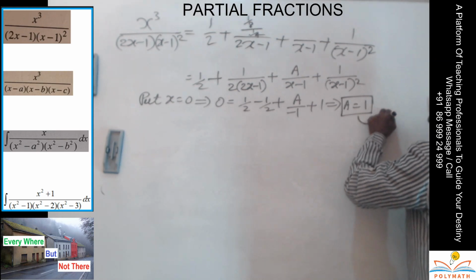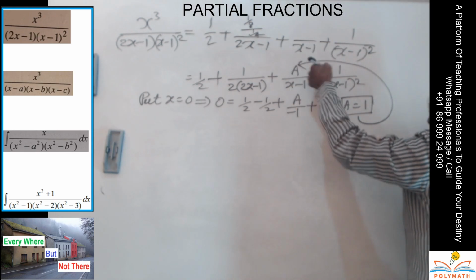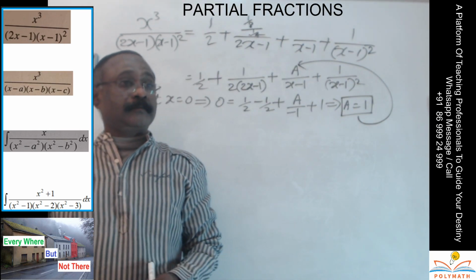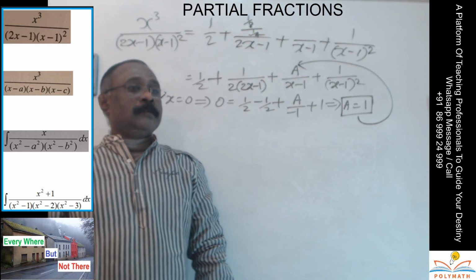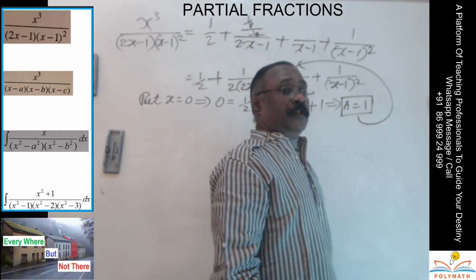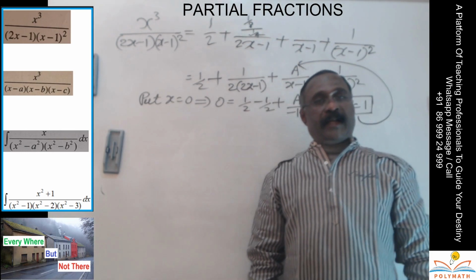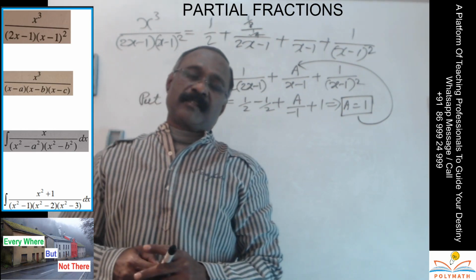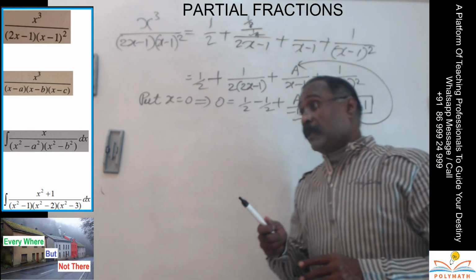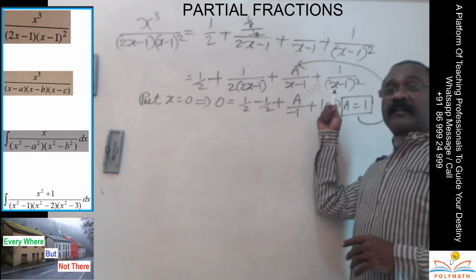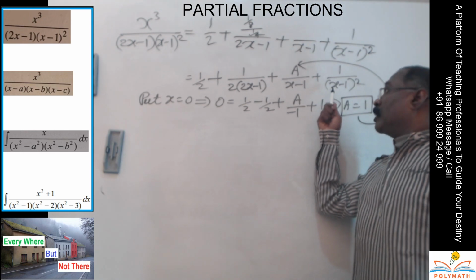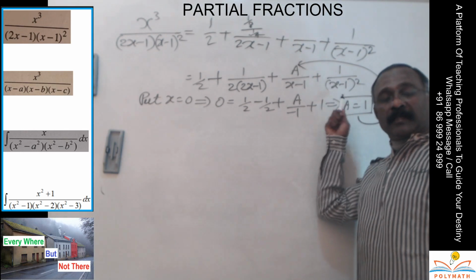Got it? That's it. Even though this shortcut is limited only to non-repeated linear factors, we are applying it to repeated linear factors also, provided it is used only for the highest power factor.